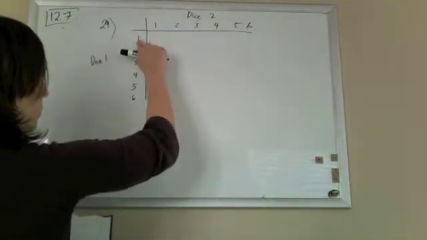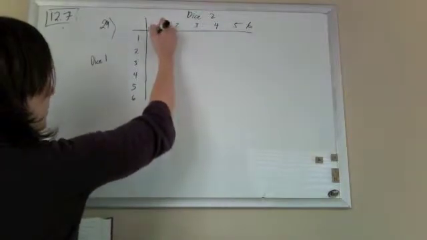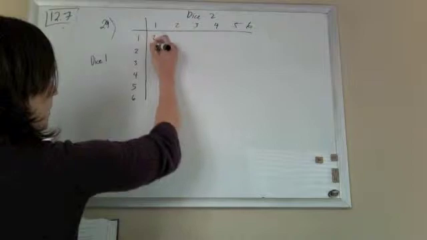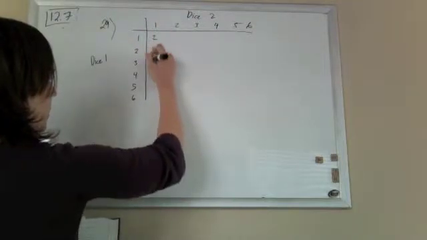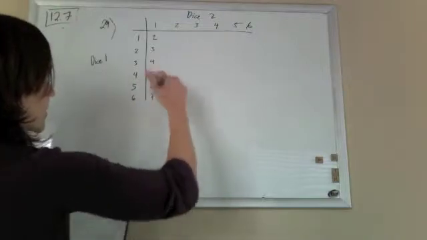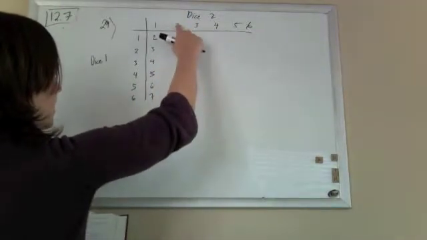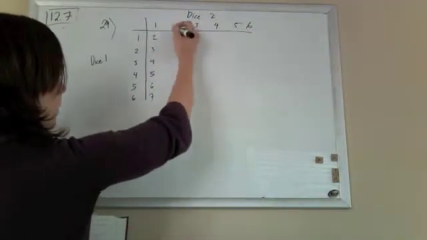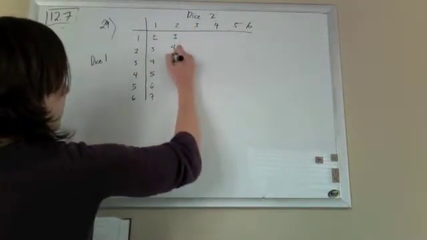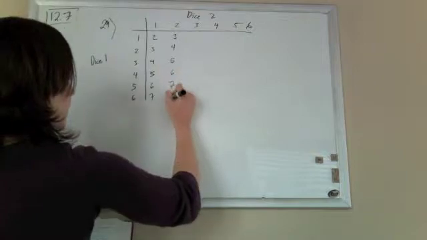So if I rolled a 1 and a 1, my sum would be a 2. If I spun a 1 and a 2, my sum would be 3. 1 and 3, 4. 1 and 4, 5, 6, 7. There's lots of patterns in this chart. If I spun a 2 and a 1, my sum would be 3. A 2 and a 2, 4, 5, 6, 7, 8.